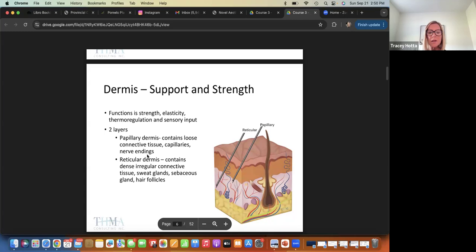It's the layer of the skin that provides support and strength. The functions are strength, elasticity, thermoregulation, and sensory input. It's got two layers. The papillary dermis, which is the outer layer, contains loose connective tissue, capillaries, and nerve endings. And then we also have the reticular dermis, which contains dense, irregular connective tissue, sweat glands, sebaceous glands, and hair follicles.